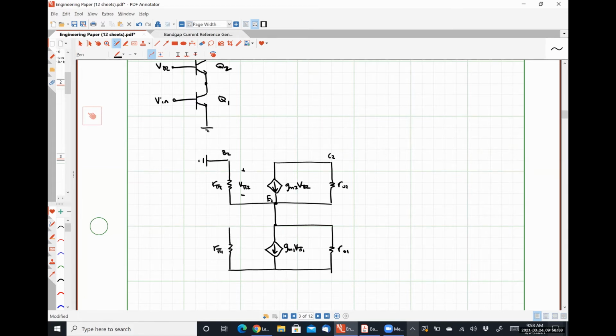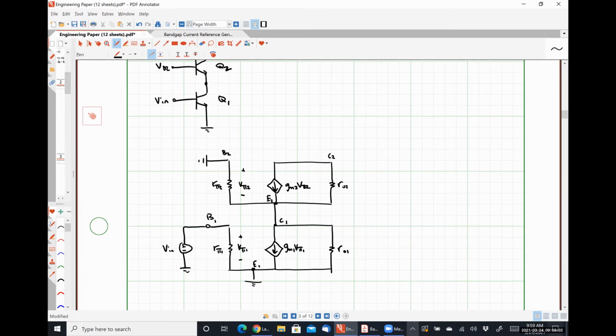Here's r pi 1, v pi 1. So this is the base of 1, the collector of 1, the emitter of 1. And over here is where we would apply our input voltage, Vin, like so.